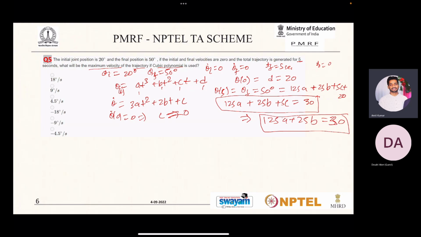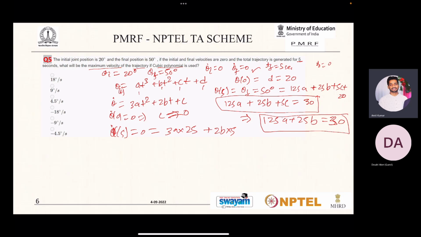Now theta dot f is also equal to 0. So you have to put 5 in place of t, because tf is 5 seconds. So theta dot of 5 equals 0. That means 3a into 25 plus 2b into 5. As c is equal to 0, you don't have to write c.